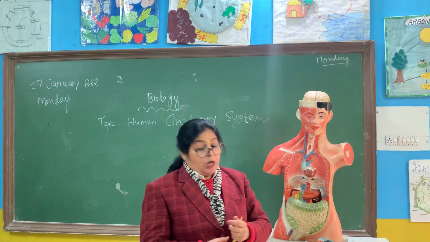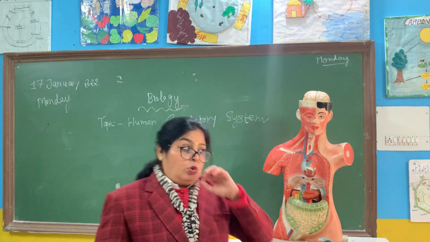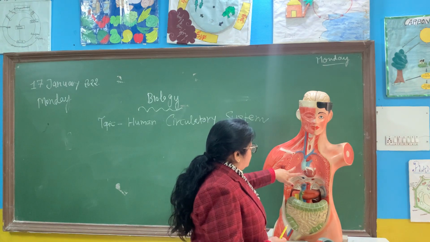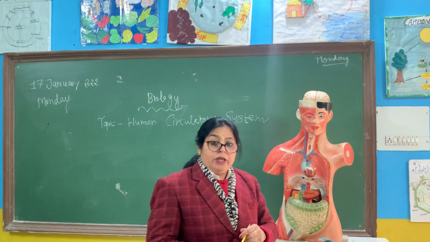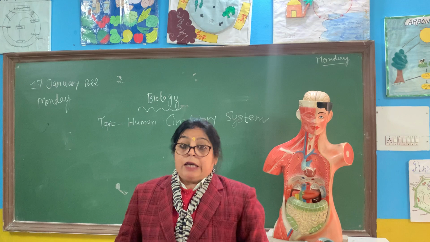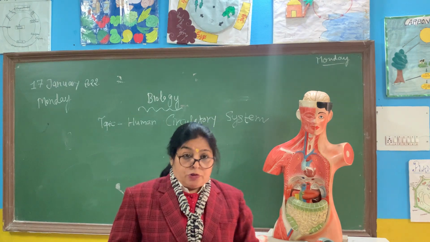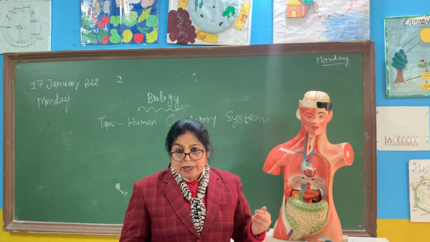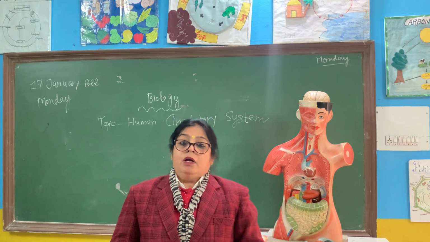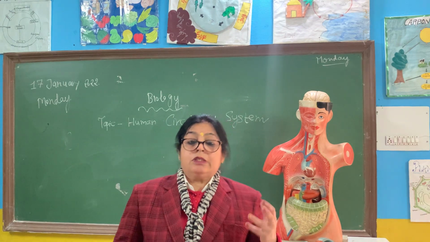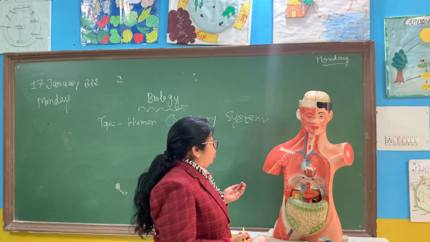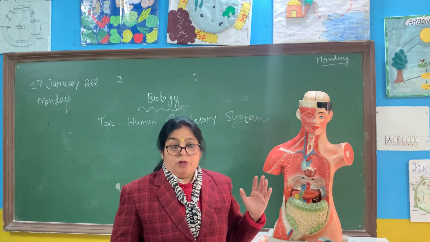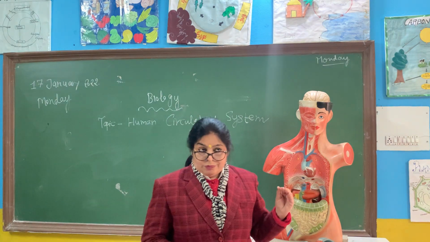And one more thing I want to share with you. The blood of the cockroach is white in color. We have blood red in color because of the hemoglobin. Due to the red pigment, we have blood which is red in color. You all know that there are three types of blood cells.